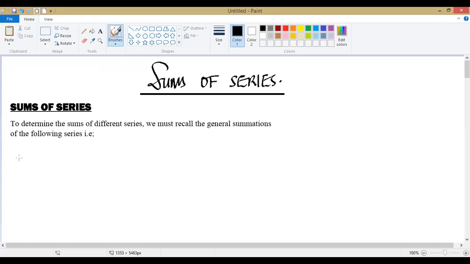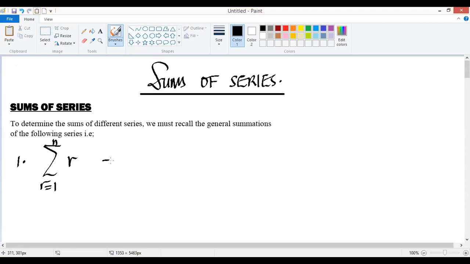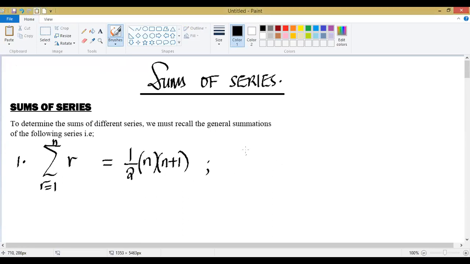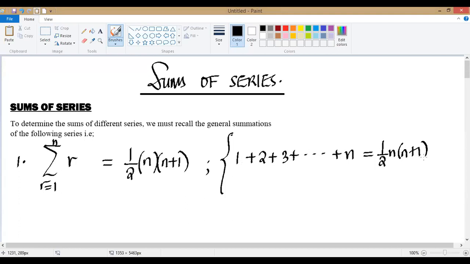One, we proved by induction that the sum from r equal to 1 up to n of r is the same as a half n into n plus 1. Such a series may be put down as 1 plus 2 plus 3 and so on up to n, which is the same as a half n into n plus 1.